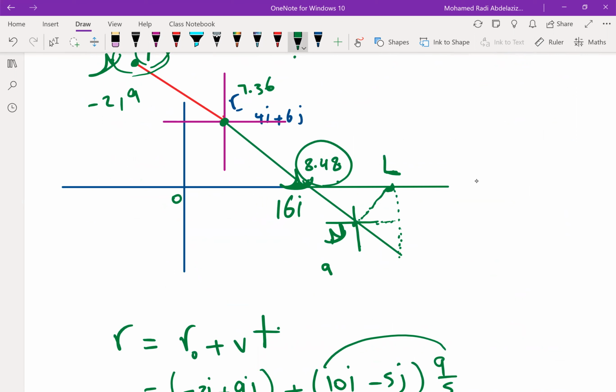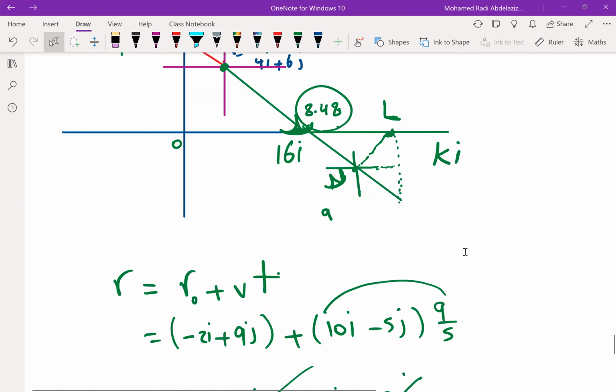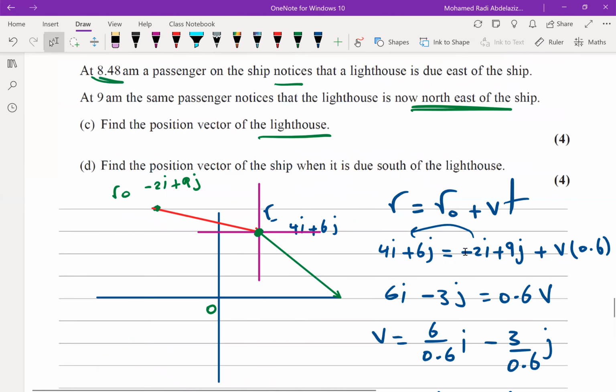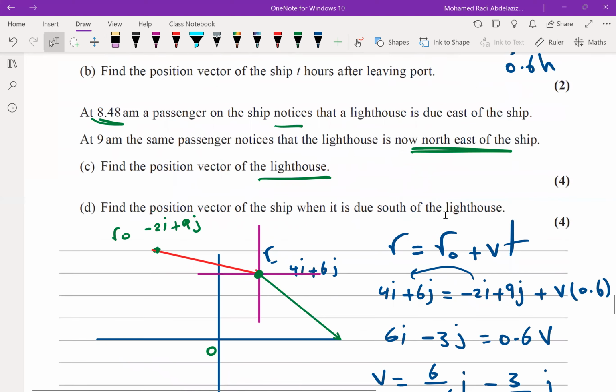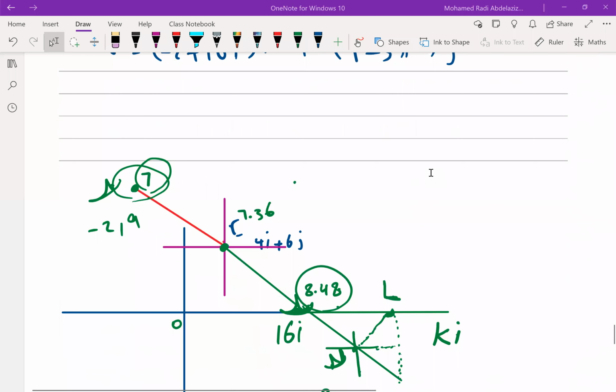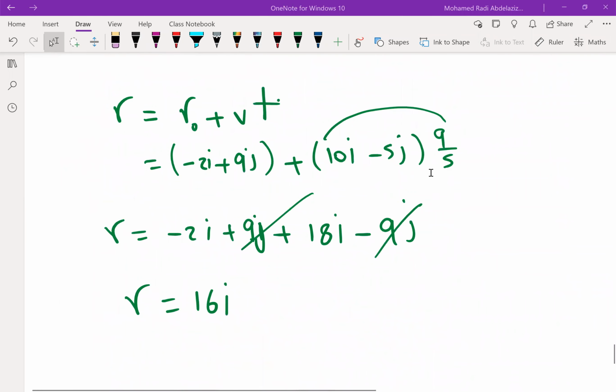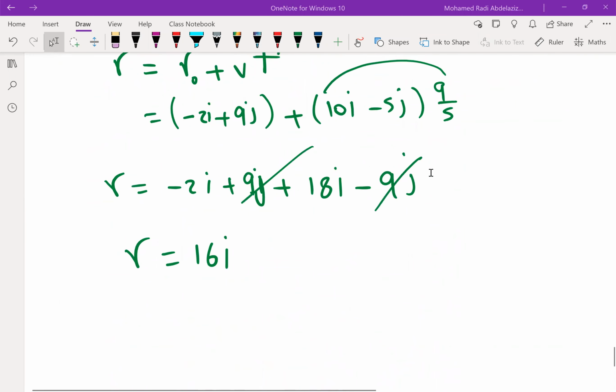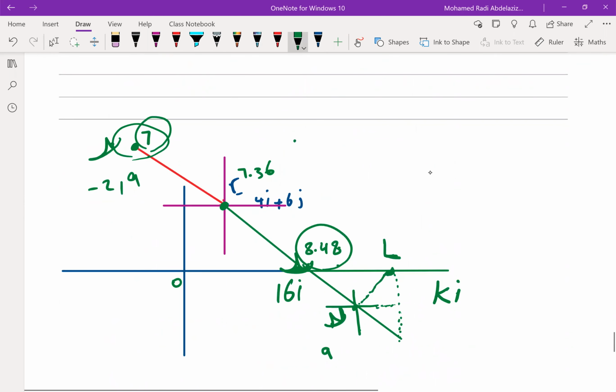So the lighthouse will be now k multiplied by i, because now it will be to the east. This is the position of the ship, will be 16i.